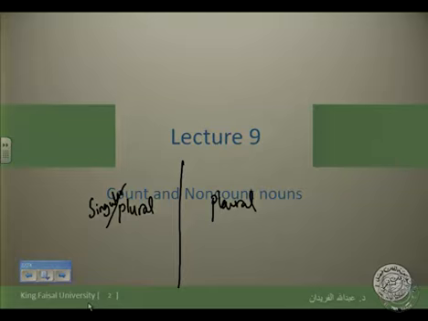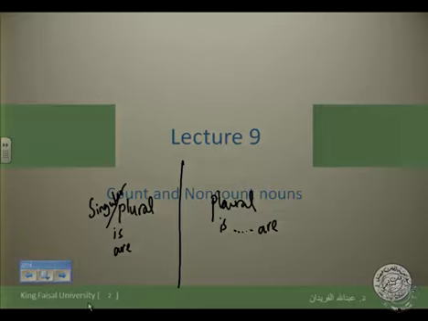With count nouns, we can use is and are. With non-count nouns, we can use is, and sometimes we can use are. We are going to have some examples in a minute, so don't be in a hurry, please.